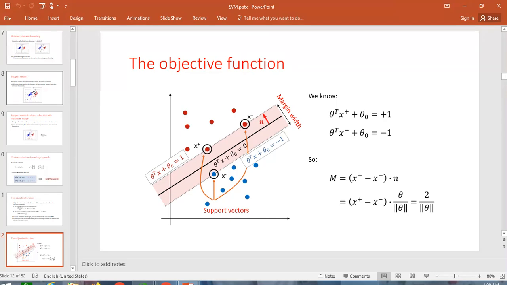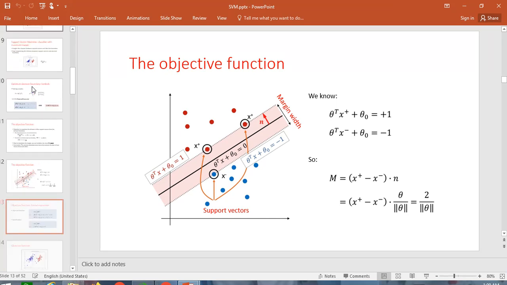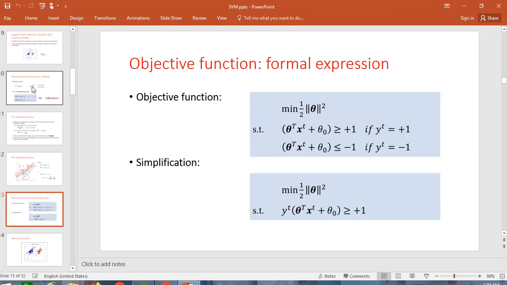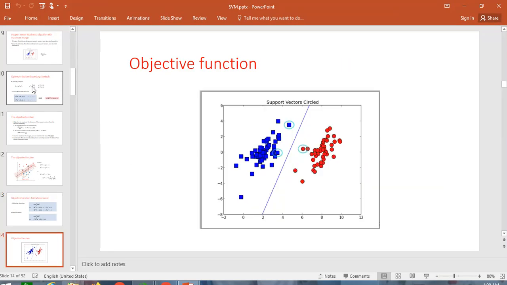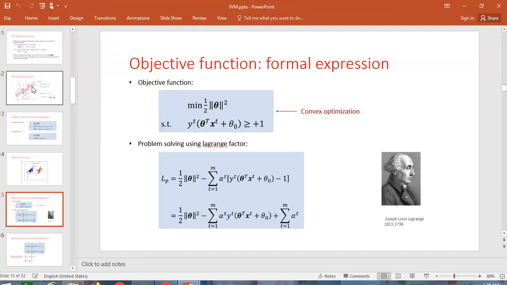For that data, we can again combine these two equations. We multiply both sides of the equations by y_t. In this way, both equations become one equation. The support vectors are the data that these dotted lines have crossed. This margin width is what we want to calculate.